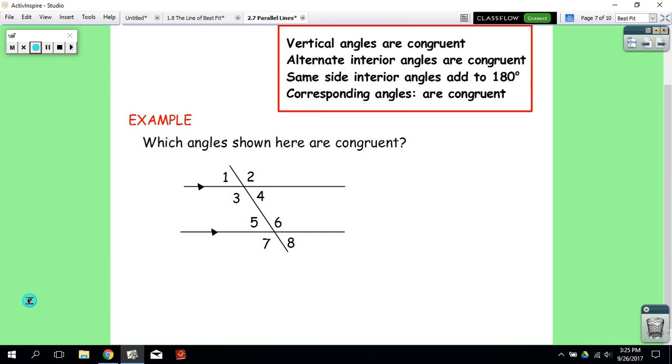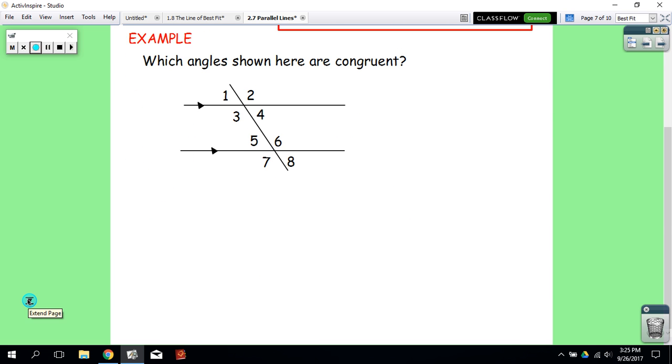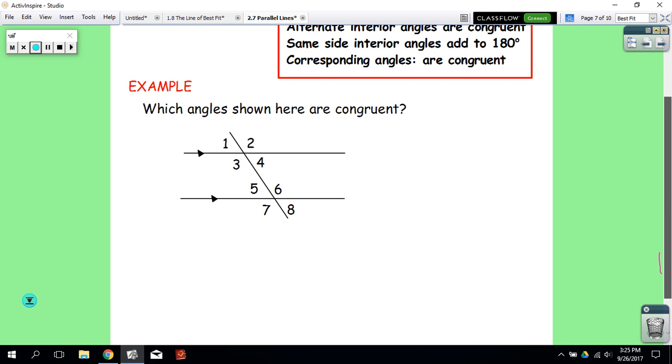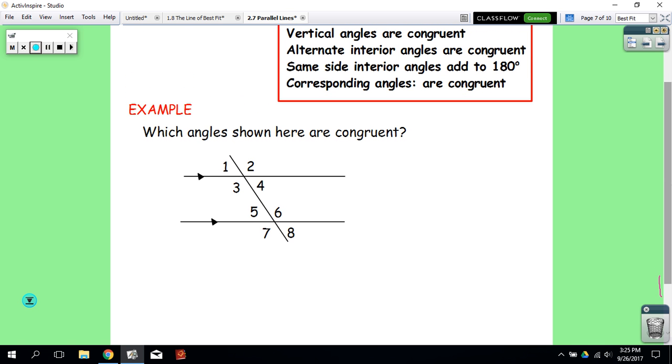All right, so let's look at this. Maybe we'll slide jump just a little bit so we can see the red here. All right, 1 and 4 are vertical angles, so we know that angle 1 is congruent to angle 4. We also know that 1 and 5 are corresponding angles, and corresponding angles are congruent, so that means that 1 is also congruent to 5.